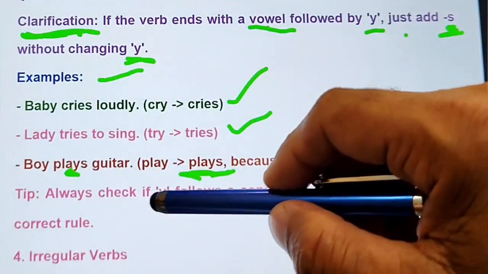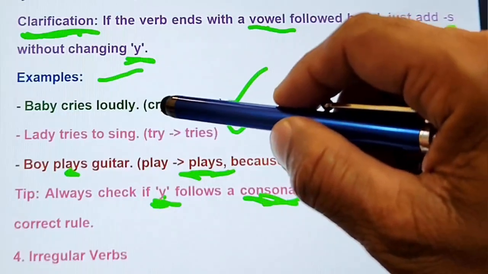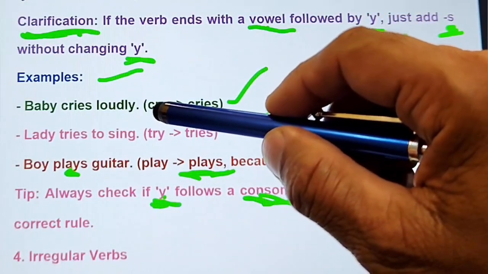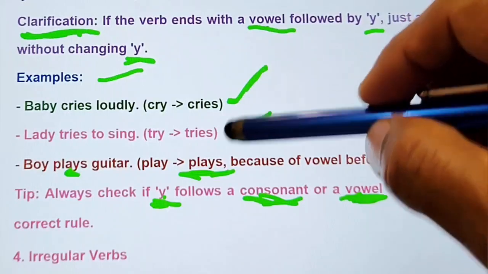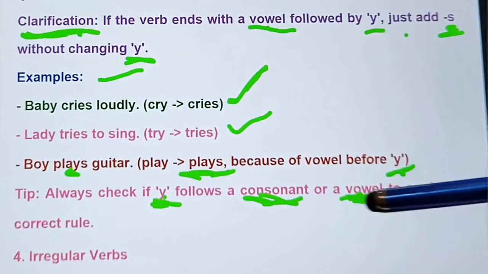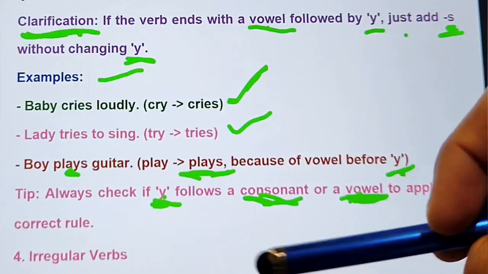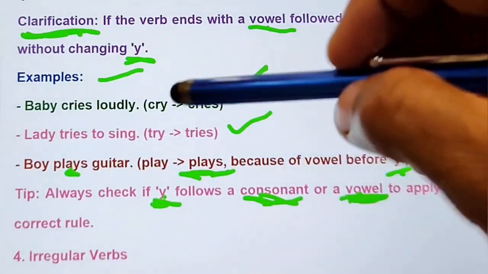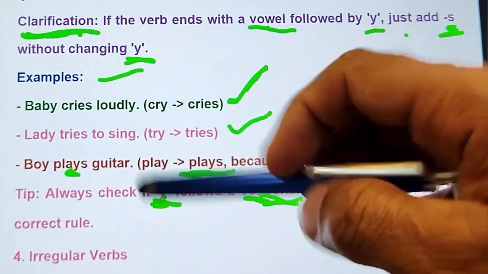But when the word ends with a vowel before y, we add s. An example here: the boy plays guitar.